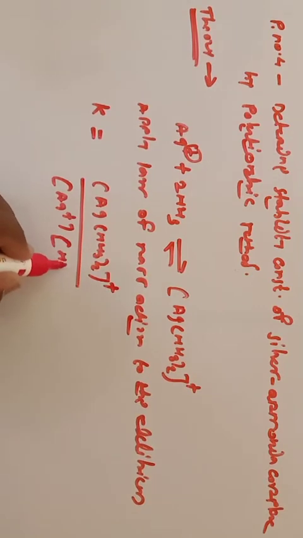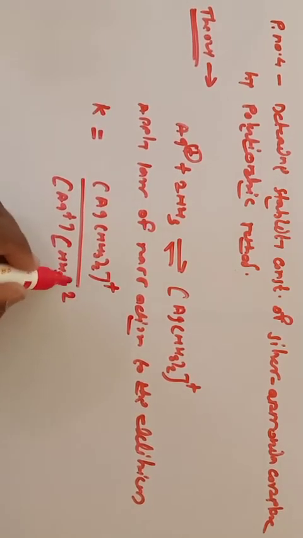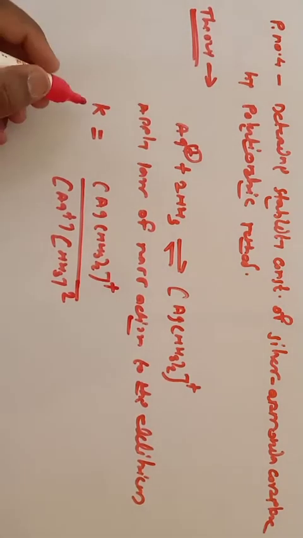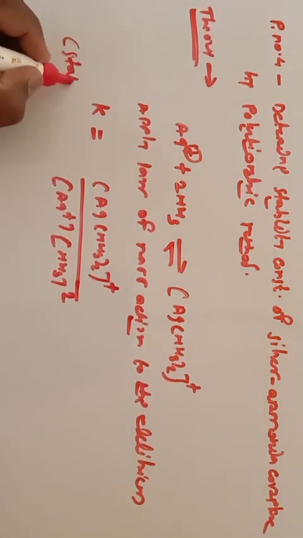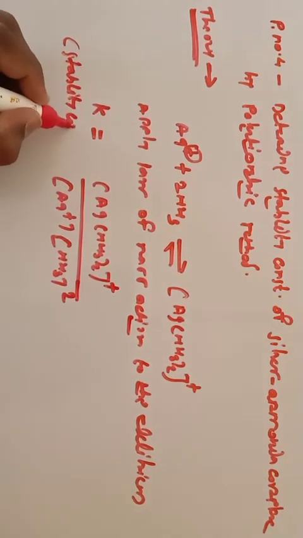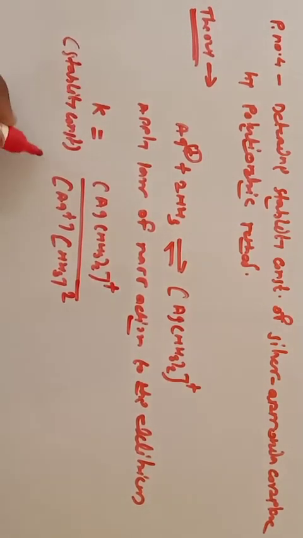The power of the concentration of ammonia is 2, so we require two molecules of ammonia. Therefore, by applying the law of mass action, K, that is stability constant, is the ratio of concentration of product divided by concentration of reactant.